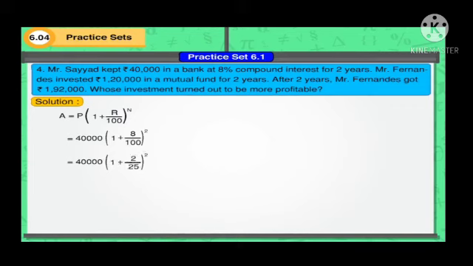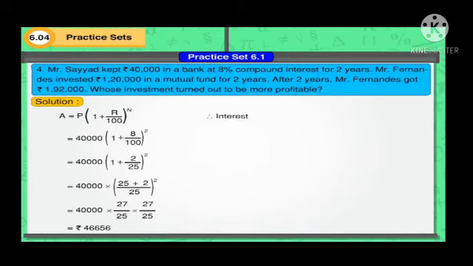Reducing this, it is equal to 40,000 into 25 plus 2 upon 25 whole square, which is equal to 40,000 into 27 upon 25 into 27 upon 25, which is equal to rupees 46,656.